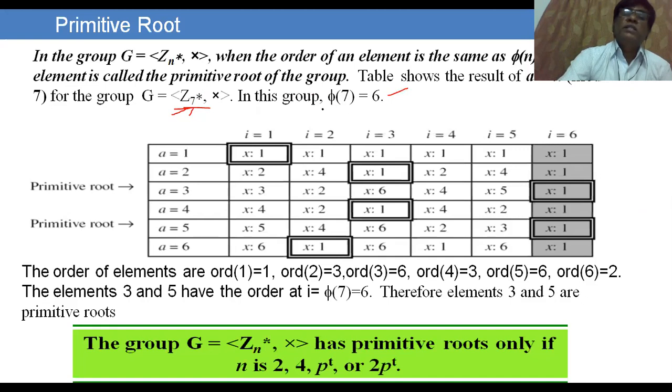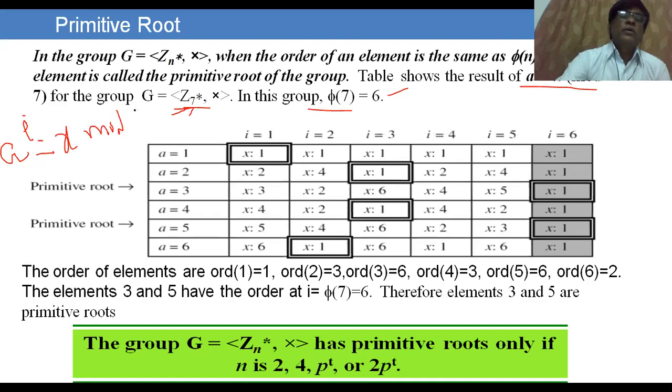So this is the result of a power i equal to x mod 7. Now take the a values 1, 2, 3, 4, 5, 6. Here the exponent i equals 1, 2, 3, 4, 5.